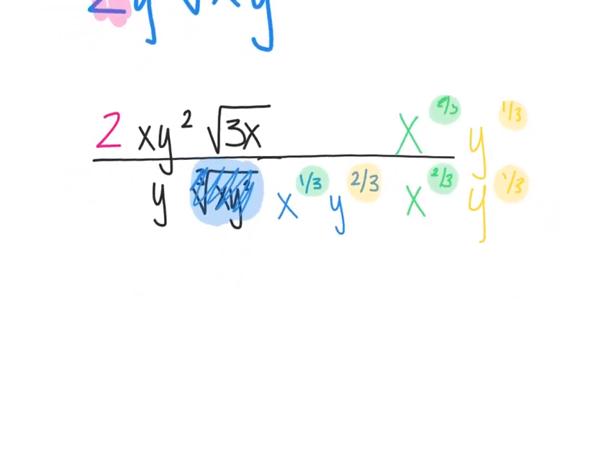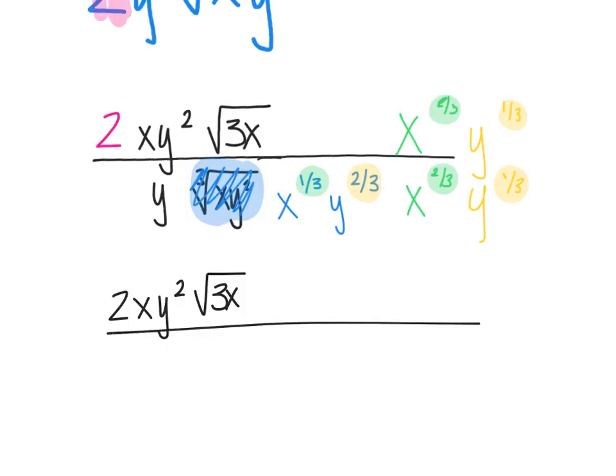So now my problem says 2xy squared times the square root of 3x times, let me write that a little bit differently because you're going to see something really cool. I'm going to keep 3 to the 1/2, and then I'm going to write this as x to the 1/2, and I also have x to the 2/3 on top, and I have y to the 1/3 on top.